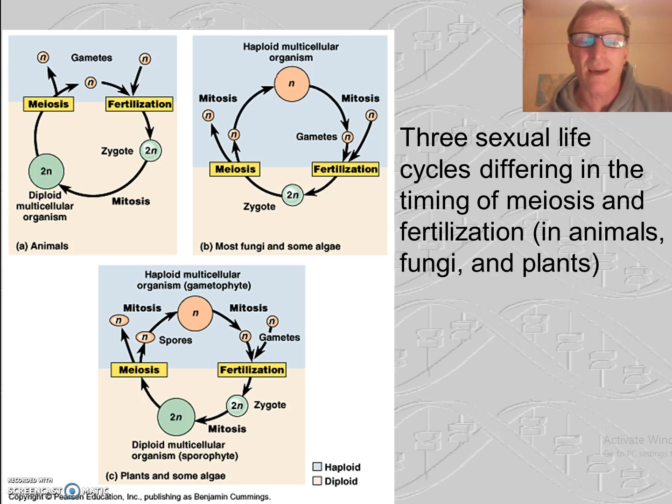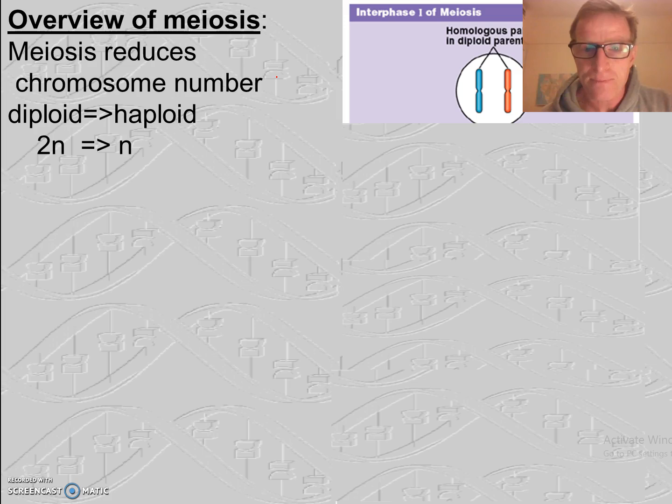And then some plants like moss and very simple plants and other algae spend equal or comparable amounts of time in both the haploid and diploid stage. So not all organisms go through what we go through, a very brief time as sex cells and a longer period of time as diploid cells. It's just a comparison of different organisms.